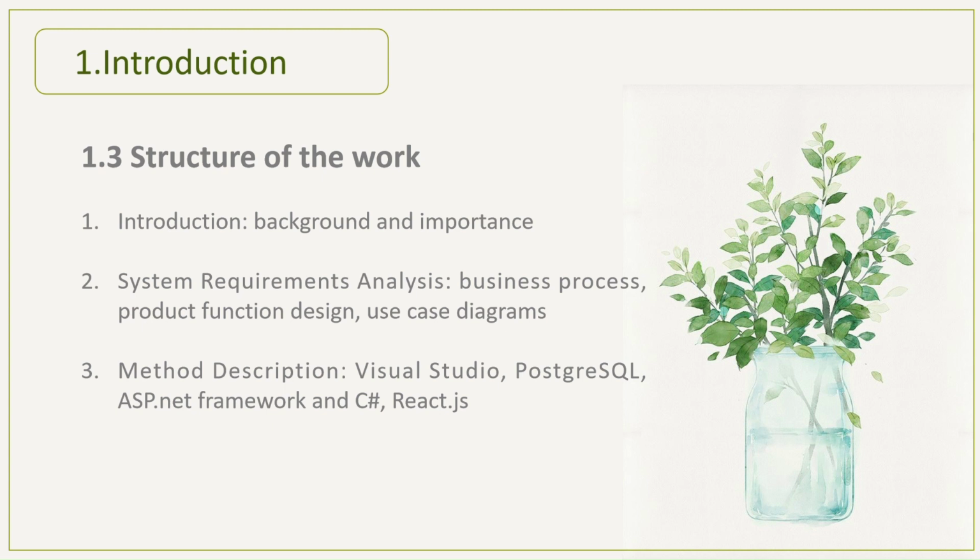This part is mainly composed of text and diagrams, and the diagrams include the system business process diagram and the use case diagram for each role interacting with the system.